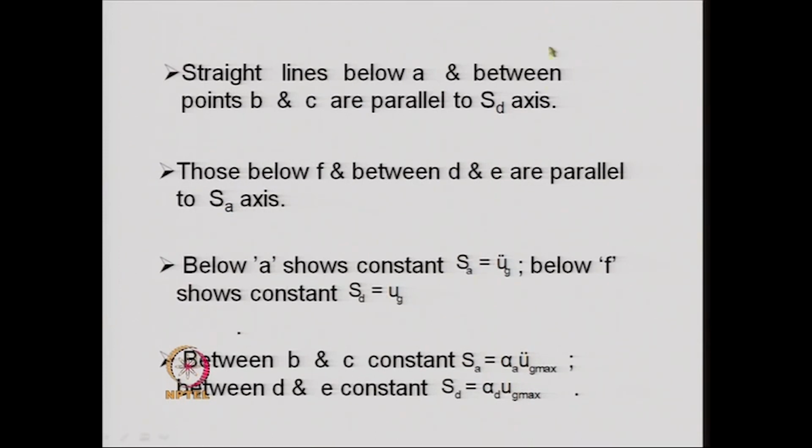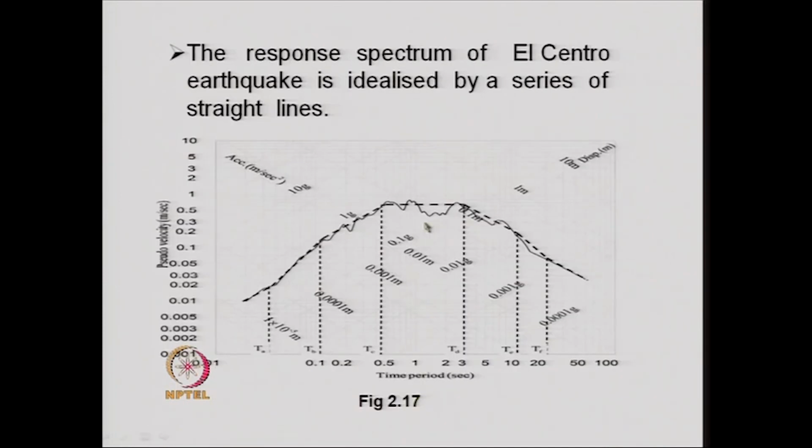In between these, between B and C, constant SA is equal to alpha A times u double dot g max, and between D to E the SD is equal to alpha D times u g max. That is this line and this line.